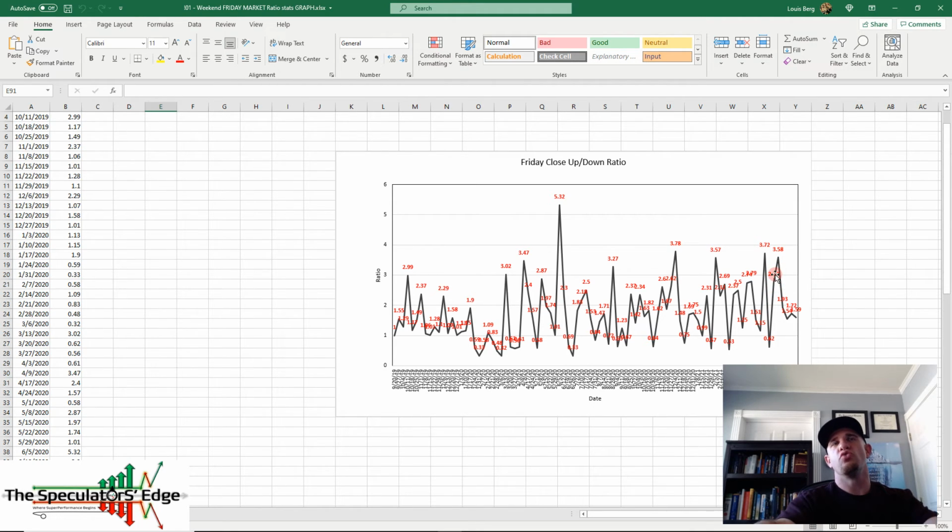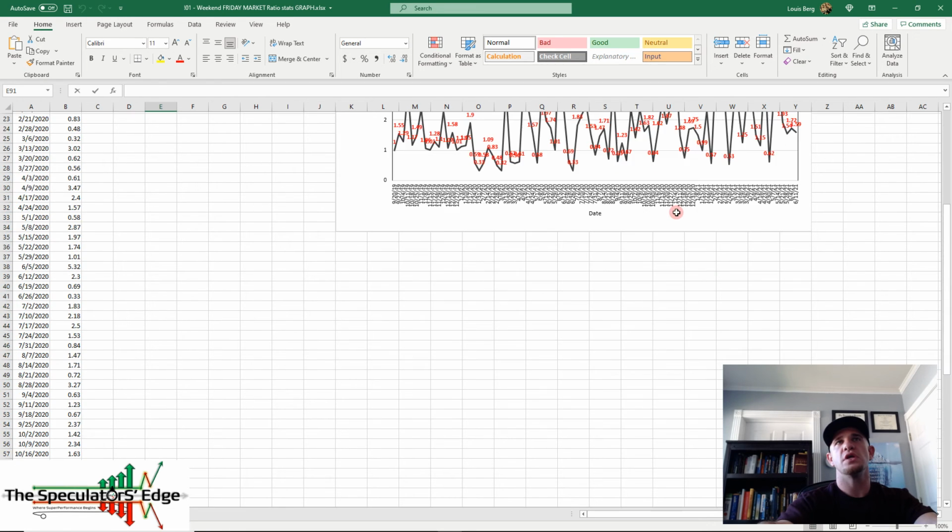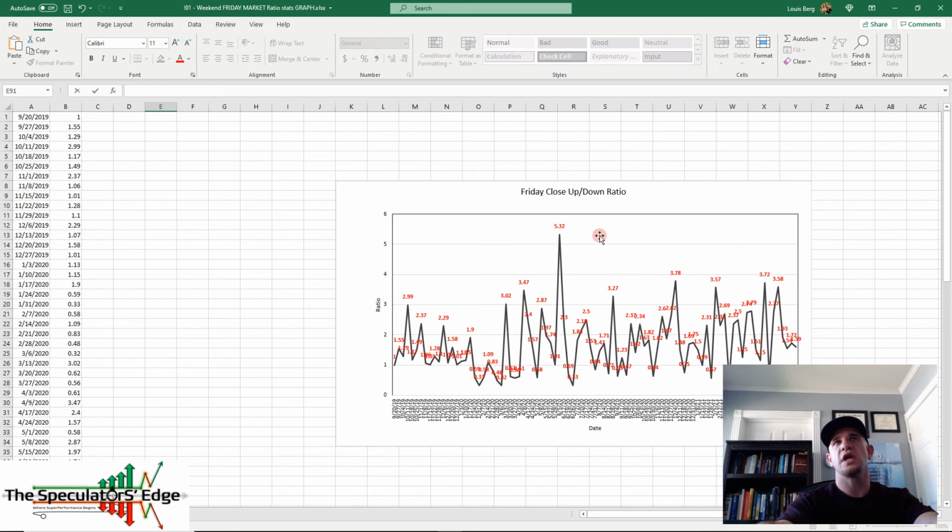This is just a really very short term ratio. It's just giving you an idea what's going to happen within the week, or the following week or two. This ratio is calculated the same as the weekly, except this one's just based on the Friday close.